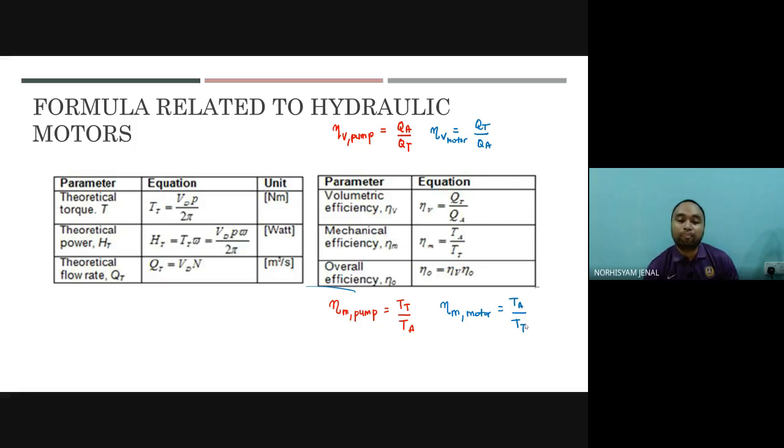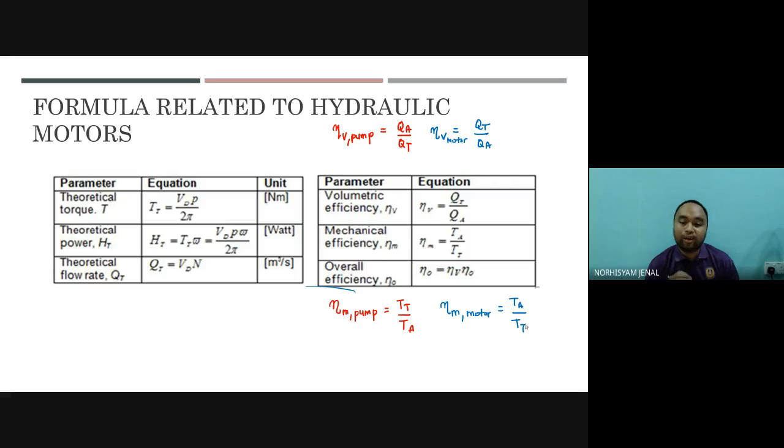Simple. For pump, the prime mover is creating the torque. So theoretically, when we create torque, usually kita calculate secara teori, torque akan jadi a certain number, for example, 100 Newton meter. This is for pump.